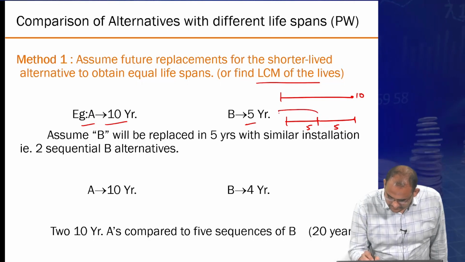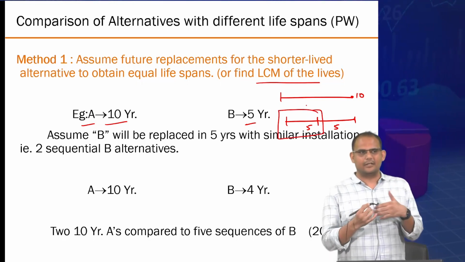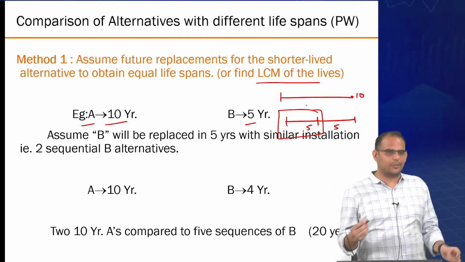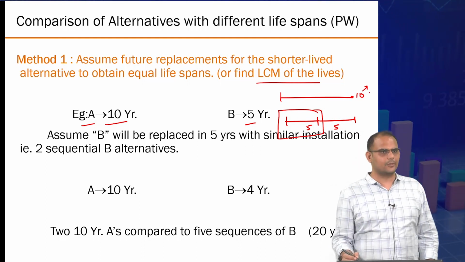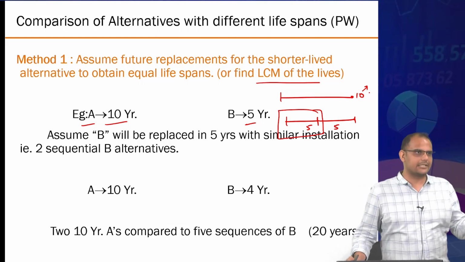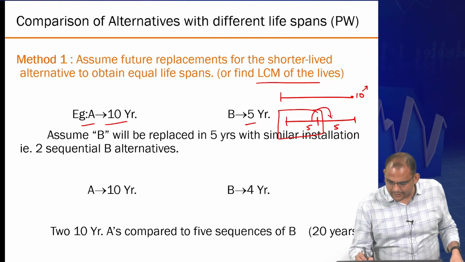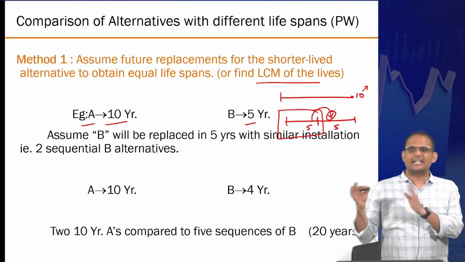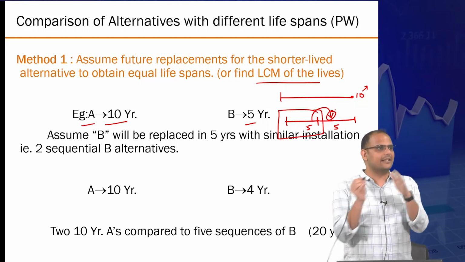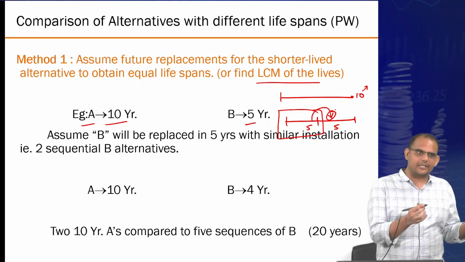The very critical assumption in this is, first, you are assuming that your need is definitely going to be there for the LCM of the 2 lives, right? So at least you are going to need the project for 10 years. That's one assumption. The second assumption is that the second cycle of alternative B is exactly the same as the first cycle of alternative B, which again is not a good assumption.